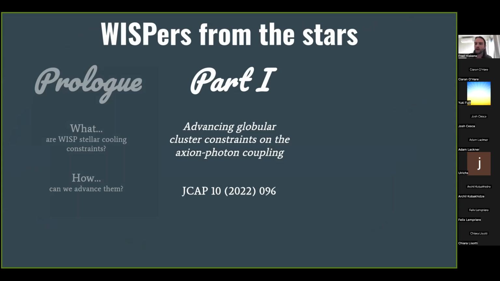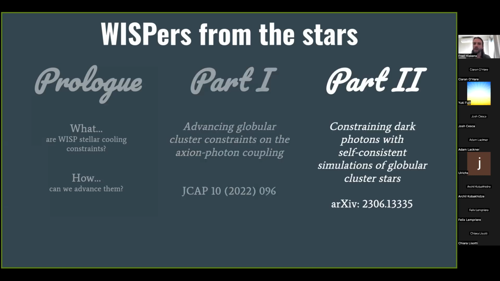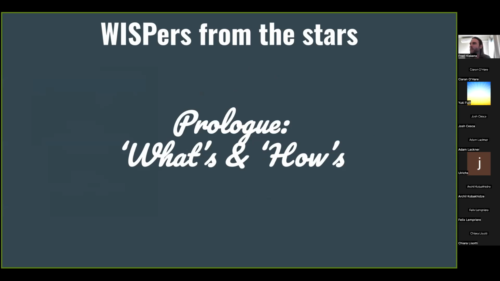And then in the second part, I'll discuss some more recent work from this year, which establishes updated stellar limits on dark photons. And this is based on the paper Constraining Dark Photons with Self-Consistent Simulations of Globular Cluster Stars, which we uploaded to arXiv in June. So with that said, let's get into it.